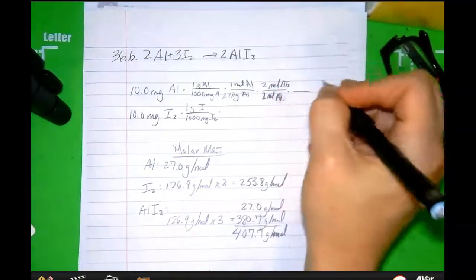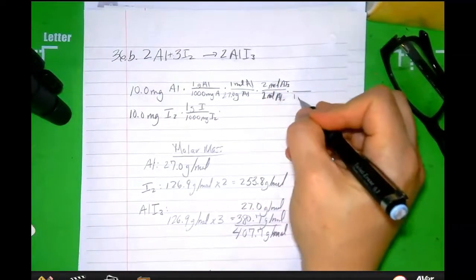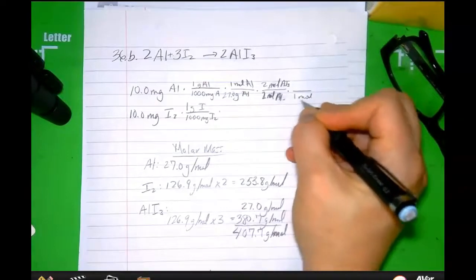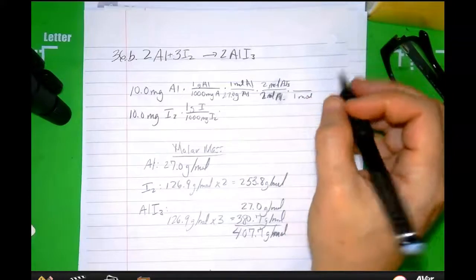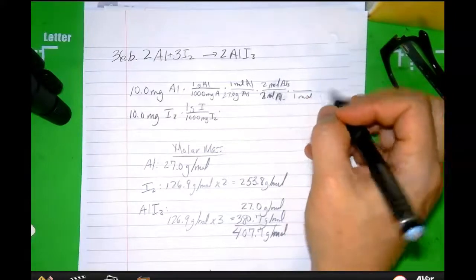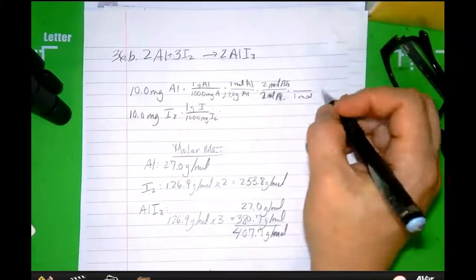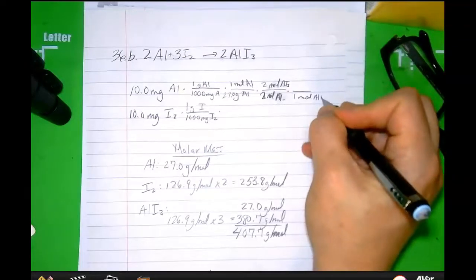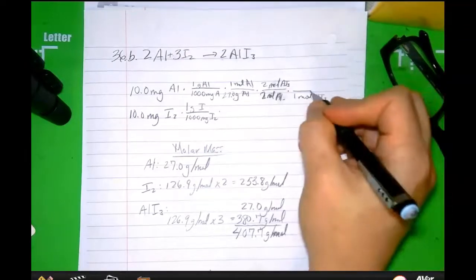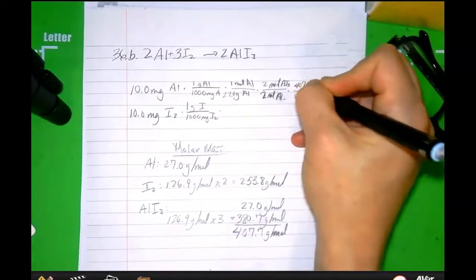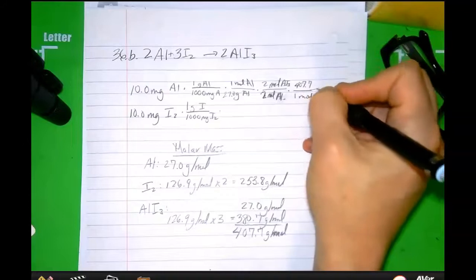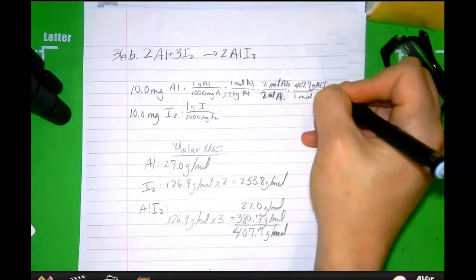And now I'm going to convert to grams. I know for every 1 mole, again, whenever it's grams per mole, it's always 1 mole. The only time it's not 1 mole is on these mole ratios. It could be 1 mole, but it could be something else too. 1 mole of aluminum iodide for every, I already did it down here, 407.7 grams of aluminum iodide.